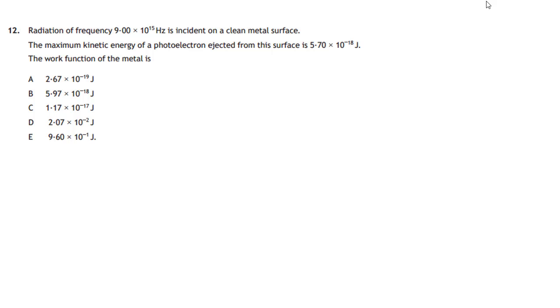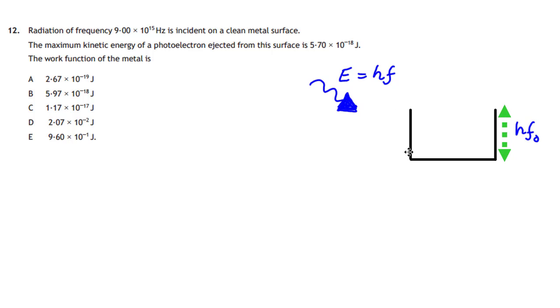Now remember what we did in the last question. The work function of the metal is the minimum amount of energy needed to eject the electron from the metal surface. So any photon which comes in to the metal surface will carry energy E equals hf. Now we can think of the metal surface as a well, like this, and the electron down the bottom like that.